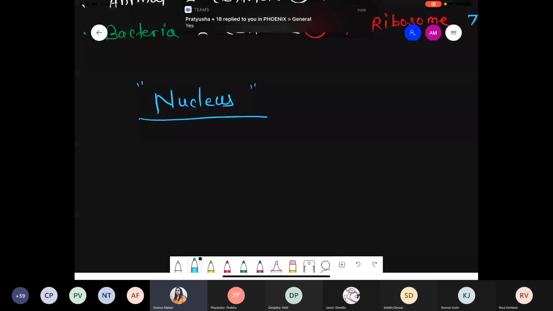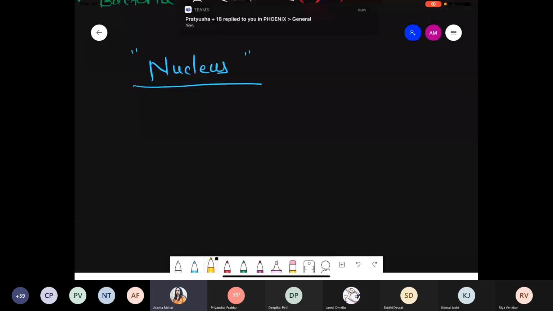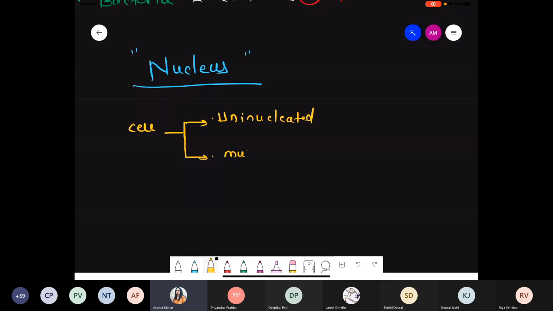Yeah. So now you know very well, when we are talking about the cell, it may be uninucleated, or it may be multinucleated, depending upon the nucleus. Normally, such multinucleated condition again divides into two types.